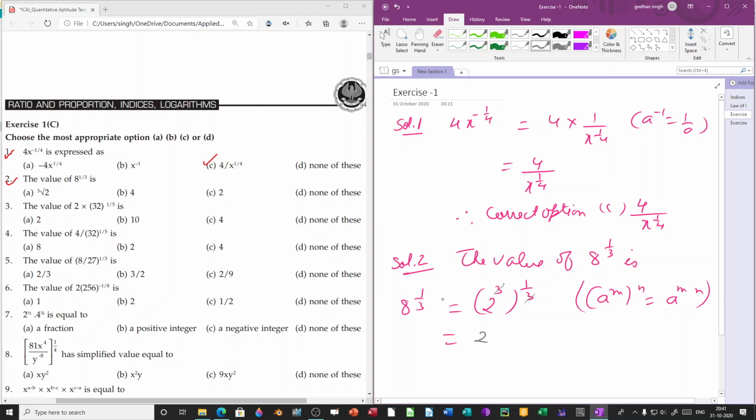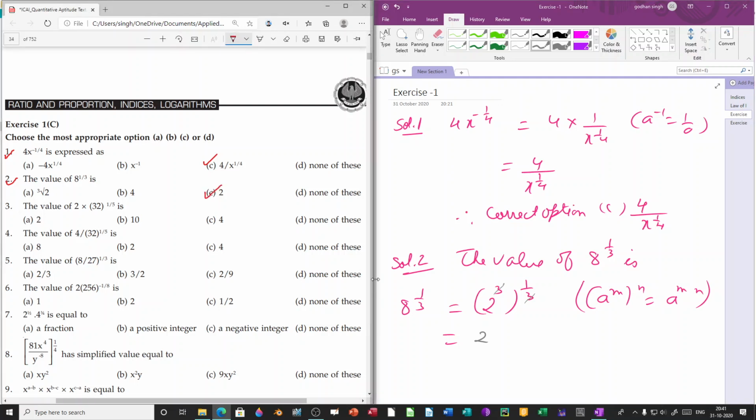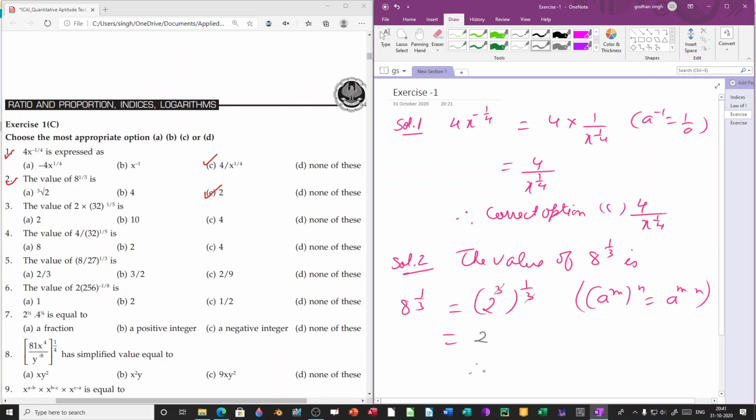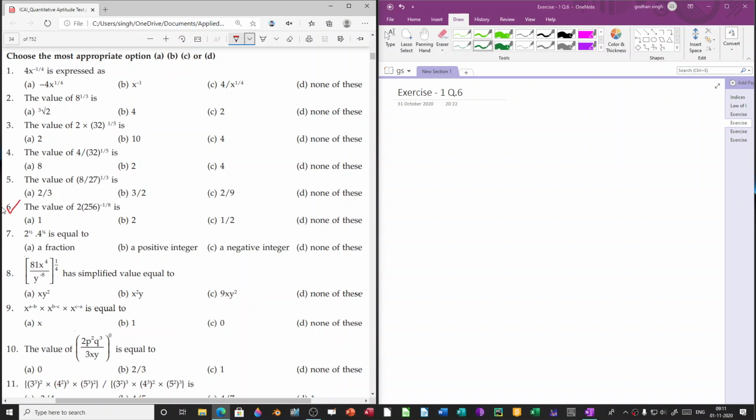So 8 with the index as 1 by 3 is equal to 2. So our correct answer in this case will be option C. So again here also we are getting the correct option, therefore the correct option is C.